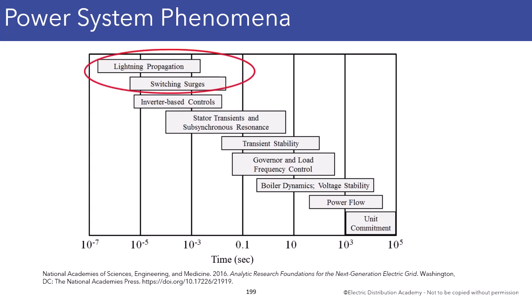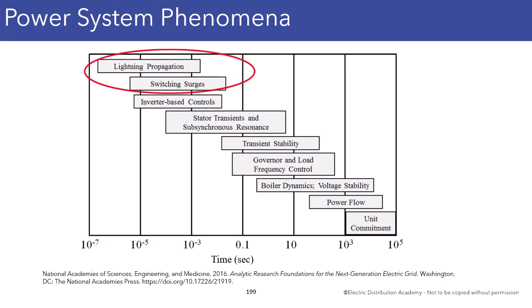Then looking a little bit further to the left and up to the top, we see some phenomena: lightning propagation and switching surges. Those two were the predominant use of electromagnetic transients until we started to see a lot more inverter-based resources on the system.